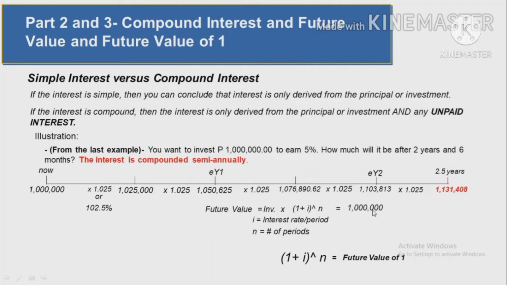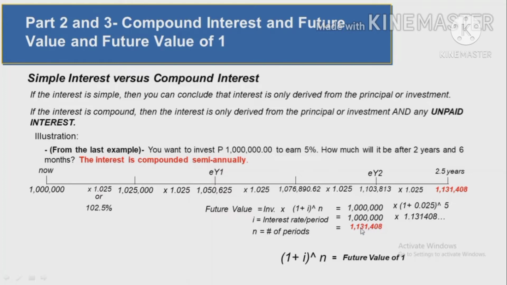We have 1 million times (1 + 0.05)^5. You solve first the future value of 1. Then you should be getting 1.131408 and so on, because this has been rounded off. Then multiply it with the investment and then you're gonna get 1,131,408. As you have noticed, they have a similar answer with the timeline method.